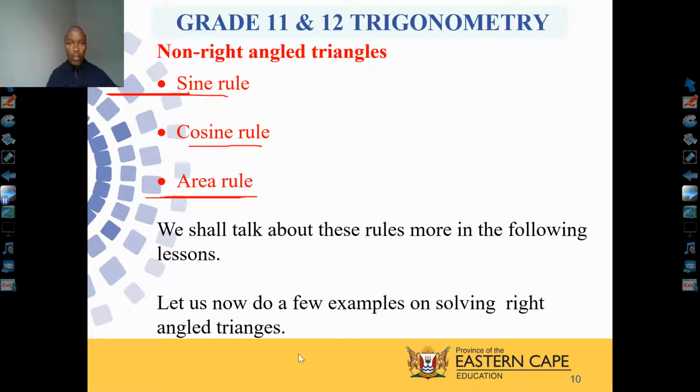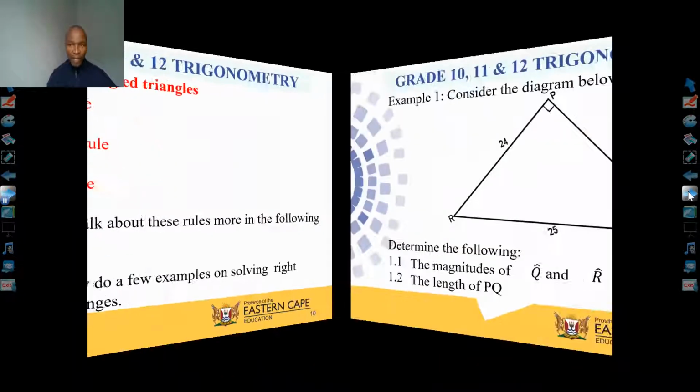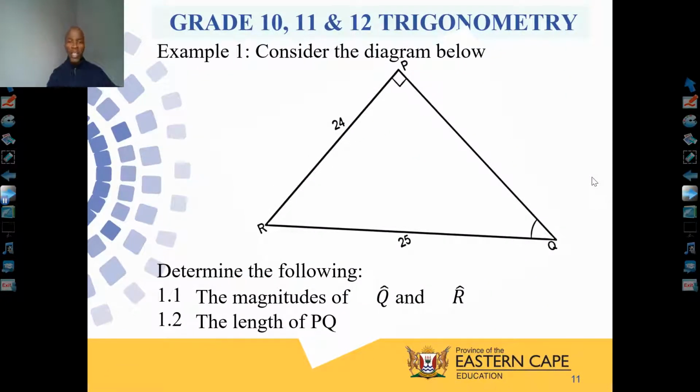So I want us now to look at a few examples on how to solve right-angled triangles. We are going to use SOHCAHTOA, and we are going to use Pythagoras theorem when necessary, right? So I want you to look at this example and keep it, because that is the example that we are going to do.